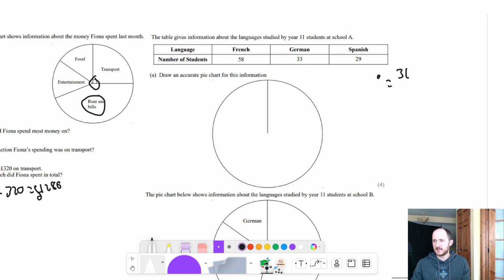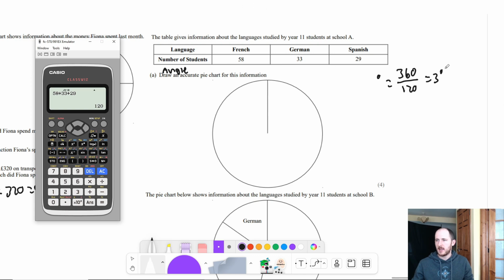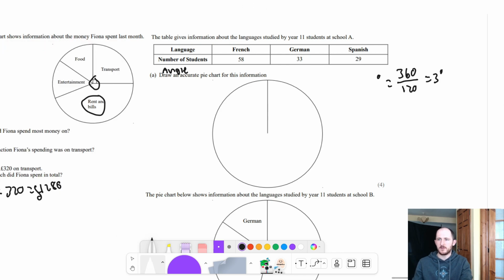So these 360 degrees need to be split between 120 people. So each person will get 3 degrees. I will then add another row or column, depending on how it's laid out, called angle, where all I'm going to do is times each of these numbers by the angle each person gets. So 58 times 3 gives me 174.